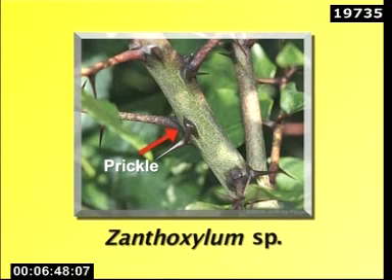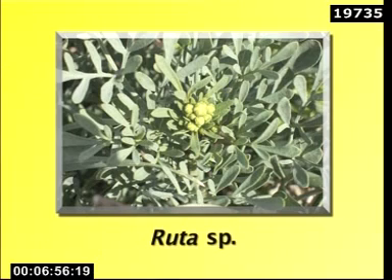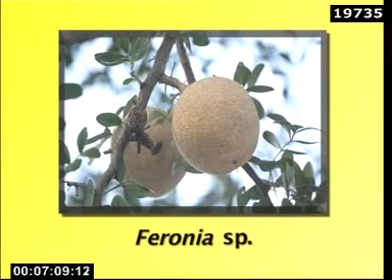Another common plant is Xanthoxylum, in which prickles are present all over the plant body. Another is Ruta, which is also the type genus of the family. The whole plant body of this genus is aromatic. Another genus is Feronia, in which the fruits are the size of a tennis ball.